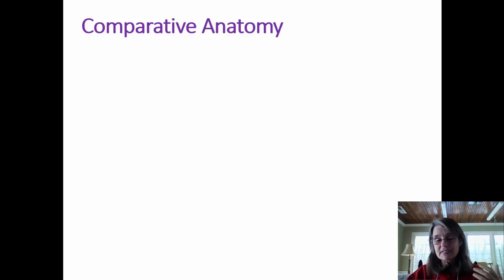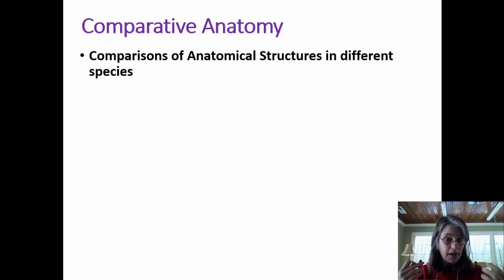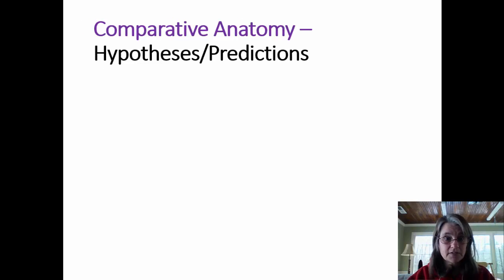Comparative anatomy is simply comparing different body parts in different species and looking for similarities and differences in those body parts. Okay, so if evolution has occurred or has not occurred, there are certain hypotheses we should be able to make, predictions, what we would think we should see.